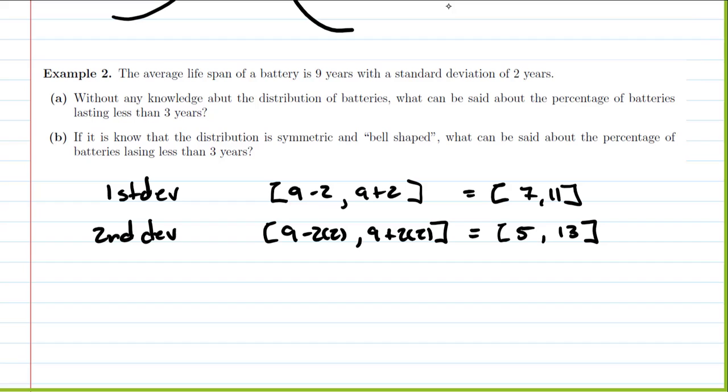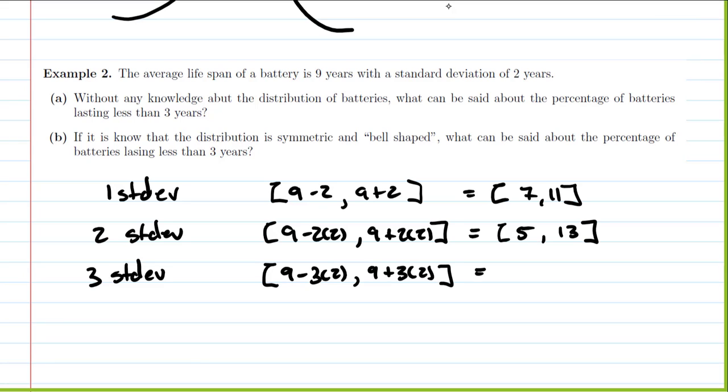Well, we're still not there yet, so 3 standard deviations would be 9 minus 3 times 2 and 9 plus 3 times 2.